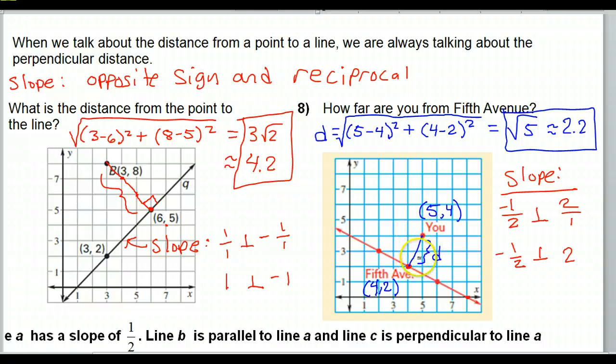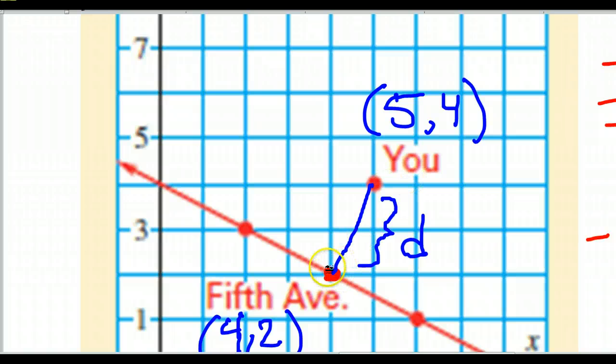Look, I mentioned that we could do the Pythagorean theorem. Let me show you that real quick. Here's you, here's Fifth Avenue. Now, if we do that rise over run type of thing here, you see that what we have here is a tiny little right triangle. And the distance that we're trying to find is the hypotenuse of the triangle. So this rise over run forms the legs of the triangle. This rise here is 2 squares tall, so that side of the triangle is 2, and this side of the right triangle is 1. So we're trying to find this hypotenuse d.